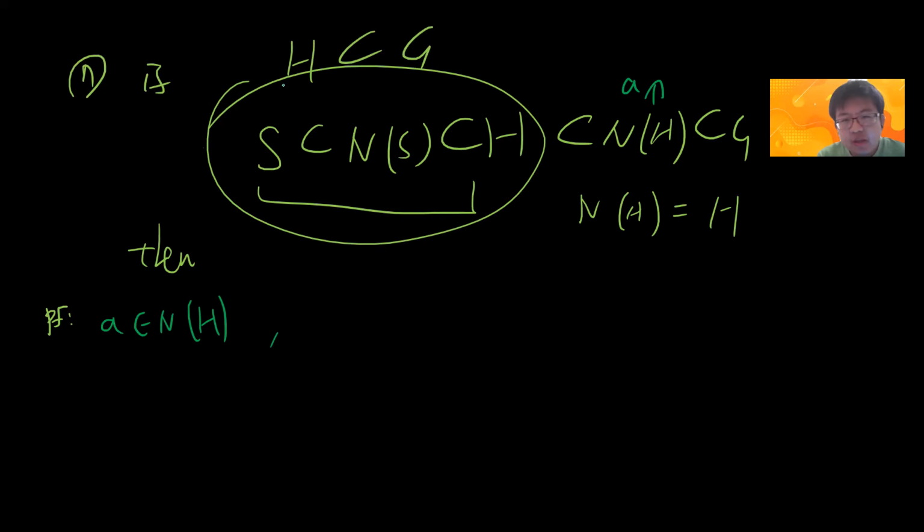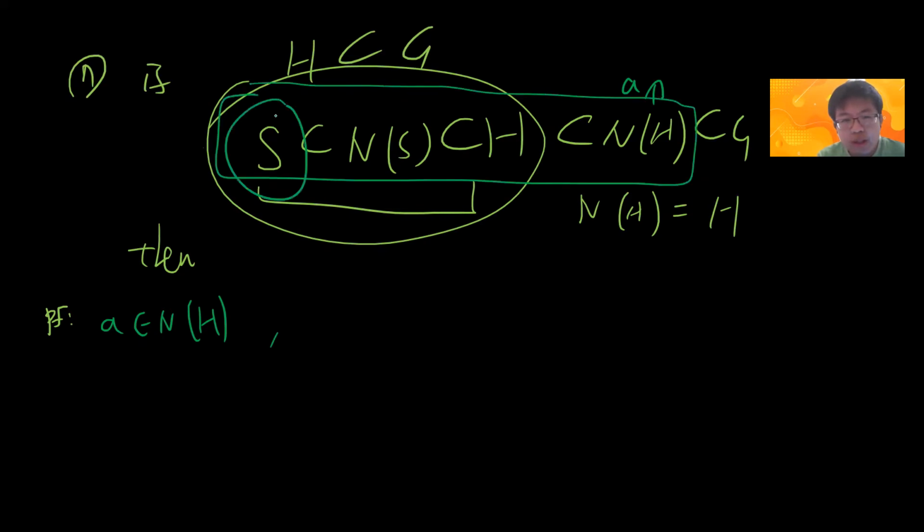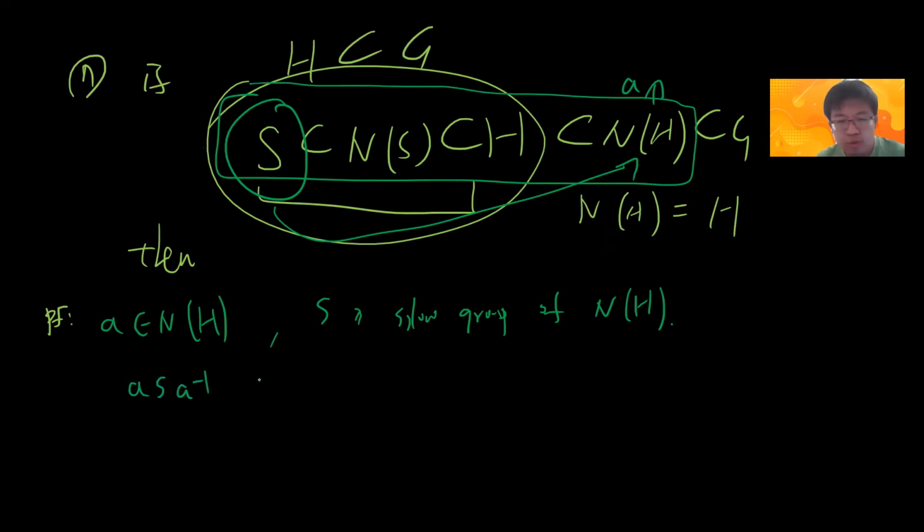If we focus on this line, S is a Sylow subgroup of N of H. So which tells you that A S A inverse will be another Sylow group of N of H. Right, so A S A inverse is another Sylow group of N of H.